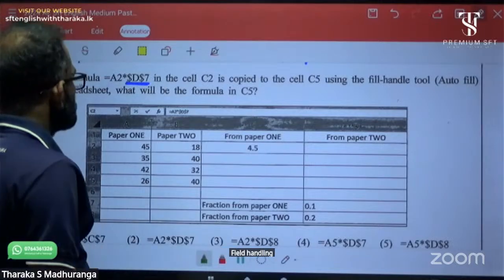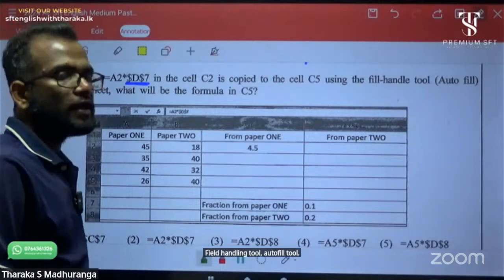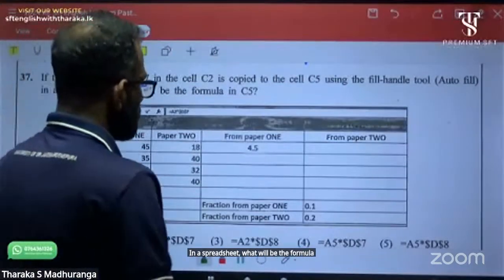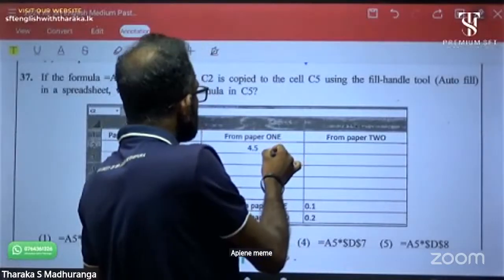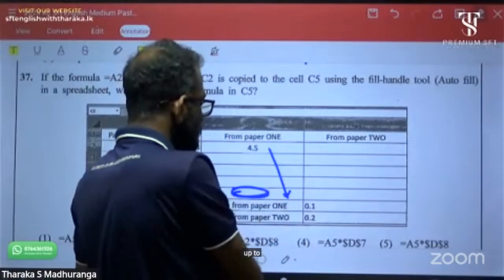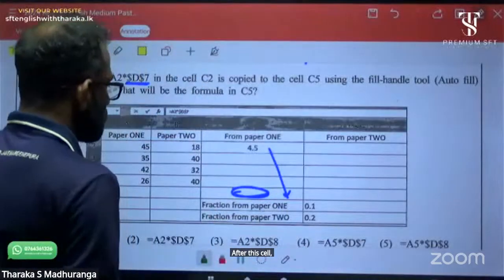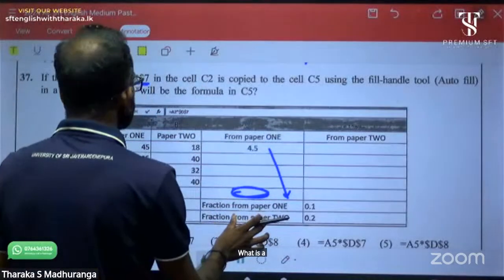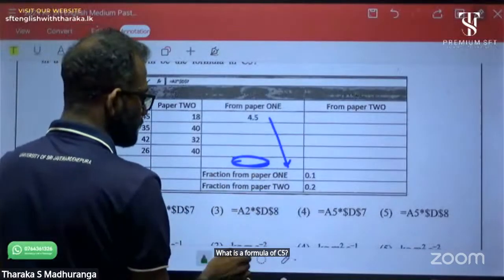In a spreadsheet, what will be the formula in C5? If we autofill this formula up to cell C5, what is the formula of C5?